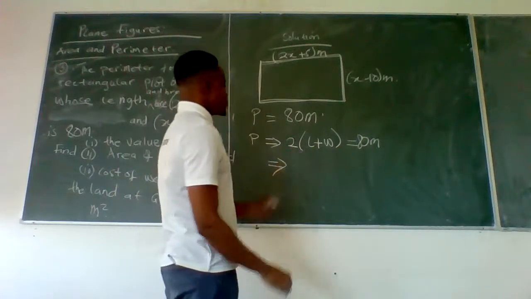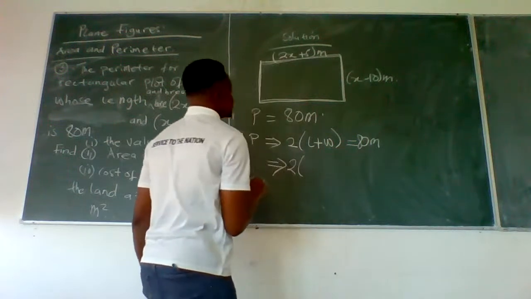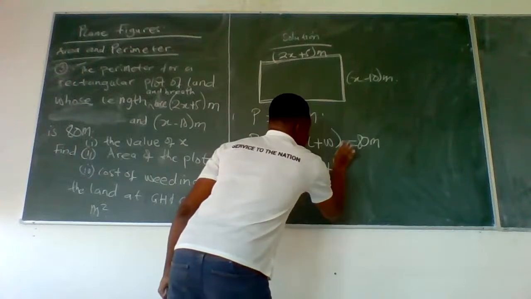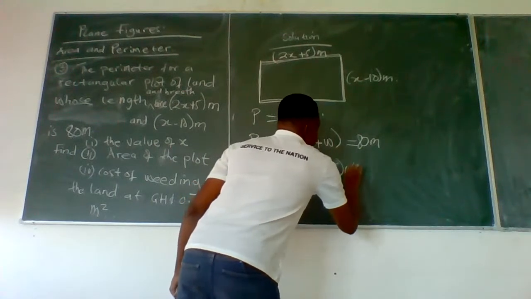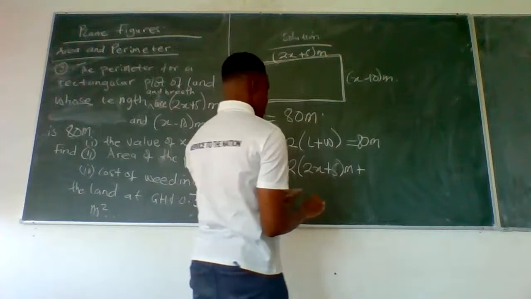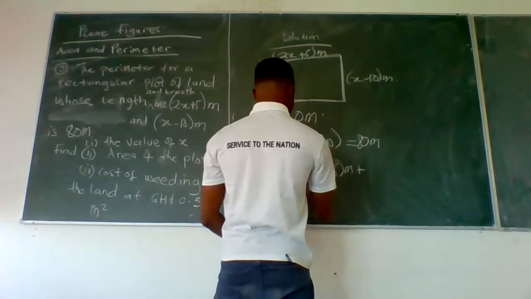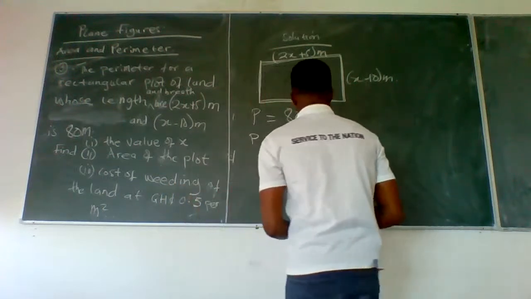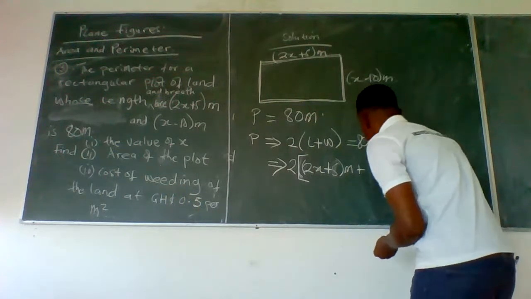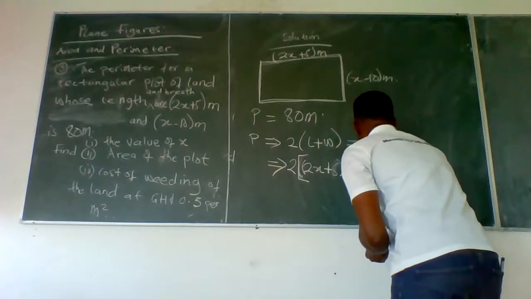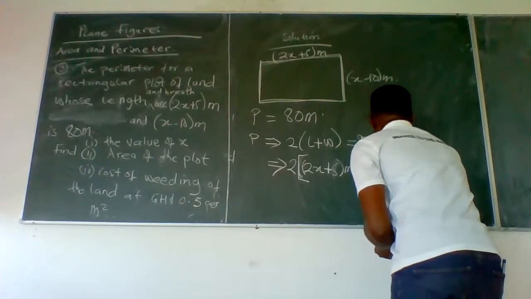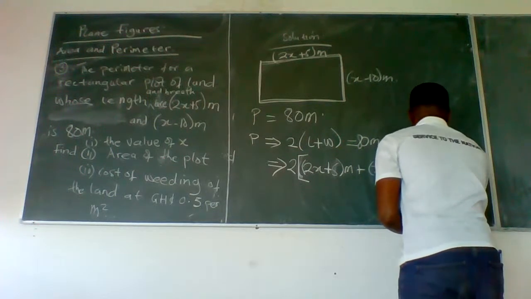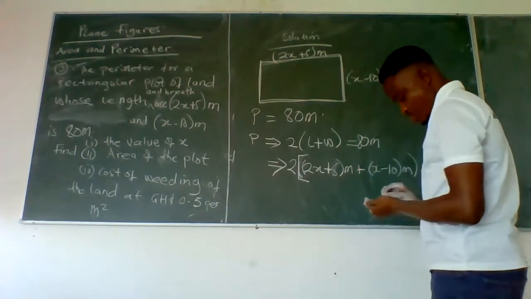So now we know our value for L and W. So we just substitute. So we have 2x plus 5 meters plus x minus 10, and it should give us 80 meters.